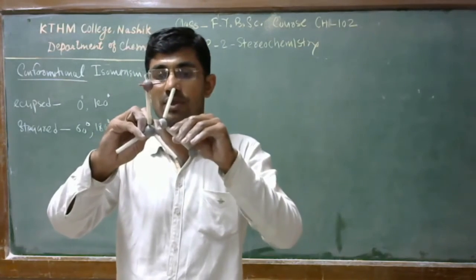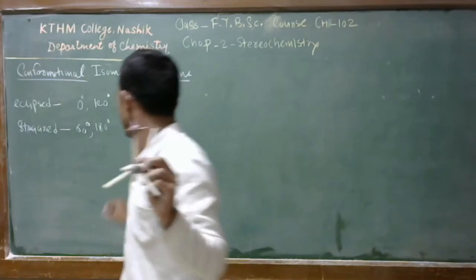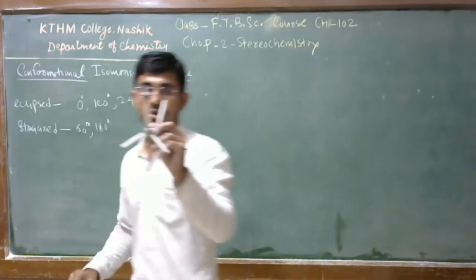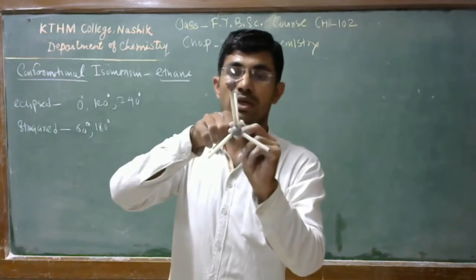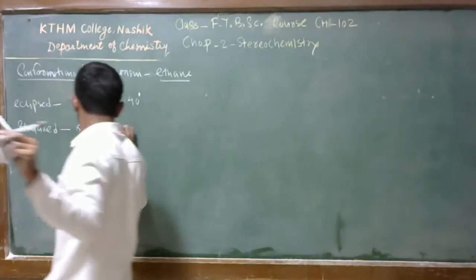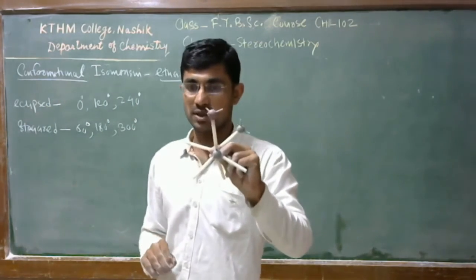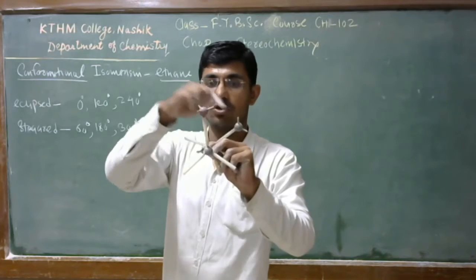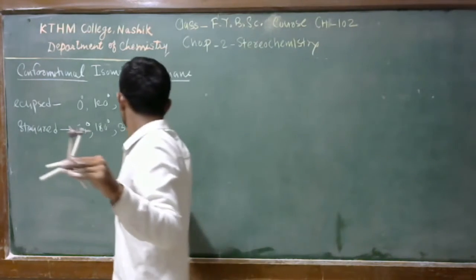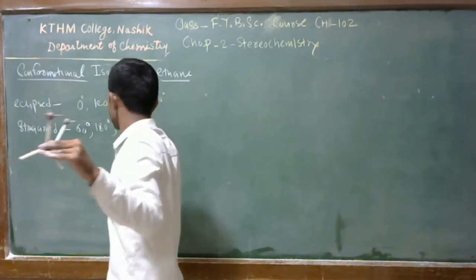Again 60, at 240 overall, we observe the eclipsed conformation. Then at 300 staggered, and again at 360 eclipsed.